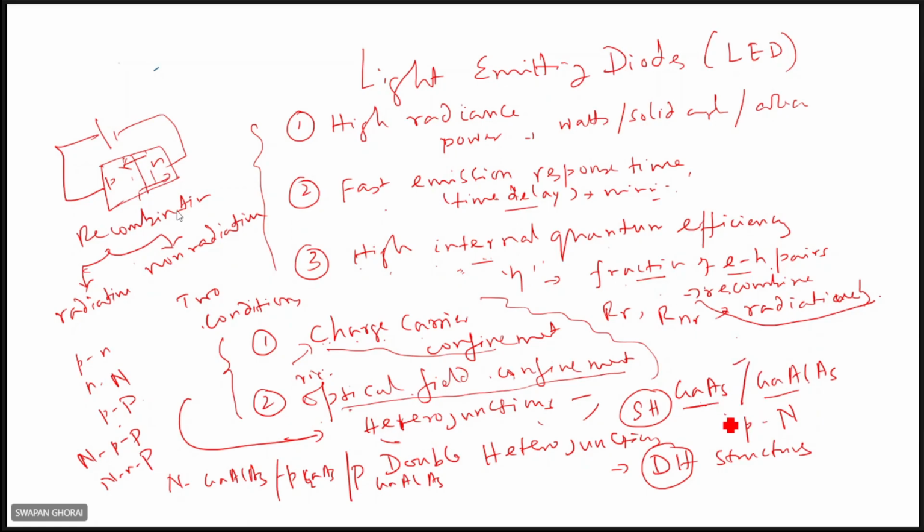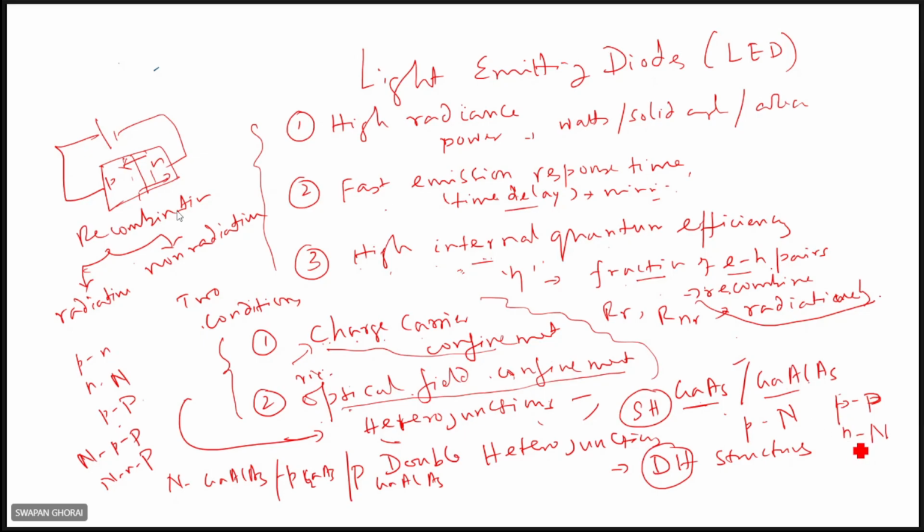It is this type of PN junction, P-type and N-type, but both can be P-type or both can be N-type, because one will have a larger band gap, indicated by the capital suffix, and the other a smaller band gap. It can be NN also. NP is okay, but NN can also form junctions because the electron affinity will be different in this case. So junctions will be formed and a depletion layer will be there.